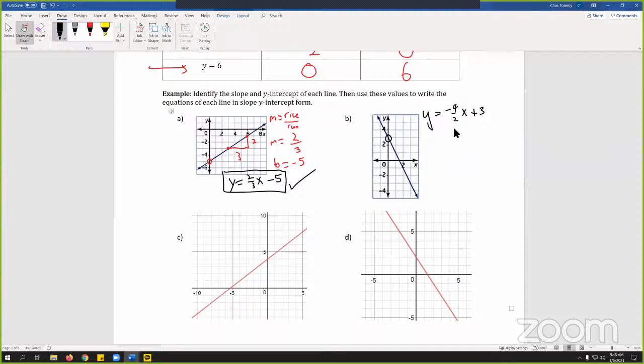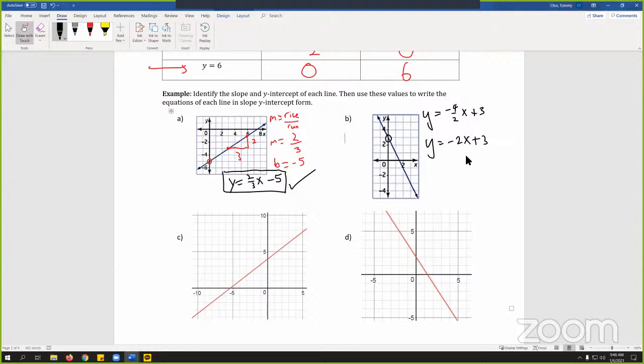The slope is right, but remember, if you can reduce the slope or simplify it, please do. You should have gotten actually just -2x plus 3 because -4 divided by 2 is -2. So that's the simplified version of the slope. So your slope was correct. Your y-intercept was off by 1.